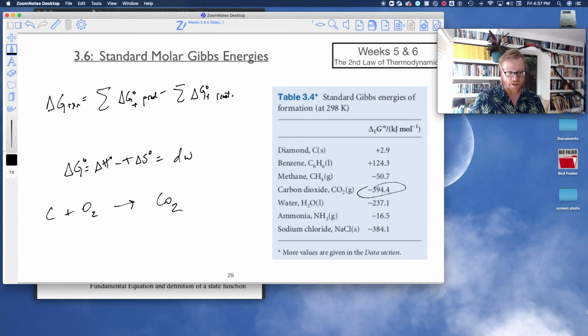But what it does mean is if you have a bunch of carbon and a bunch of oxygen and a whole lot of time, undoubtedly, the carbon dioxide will form spontaneously. It will happen without you even wanting it to happen.